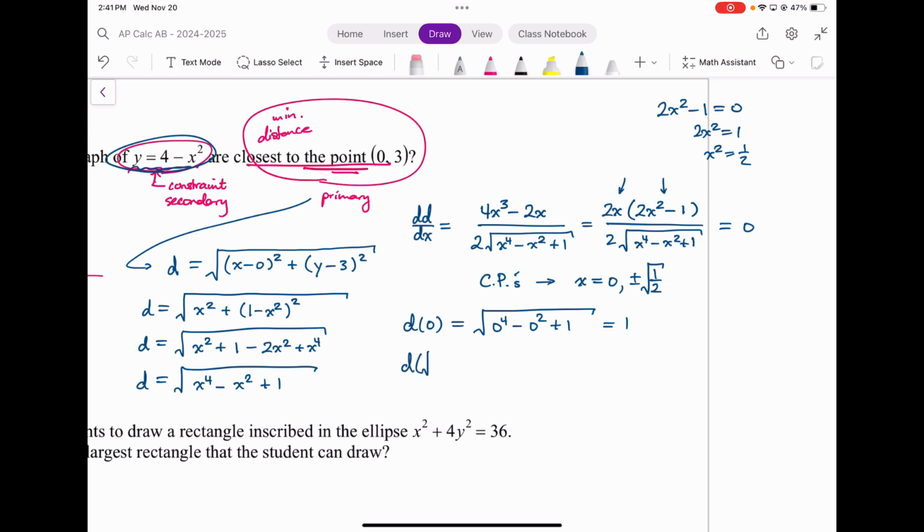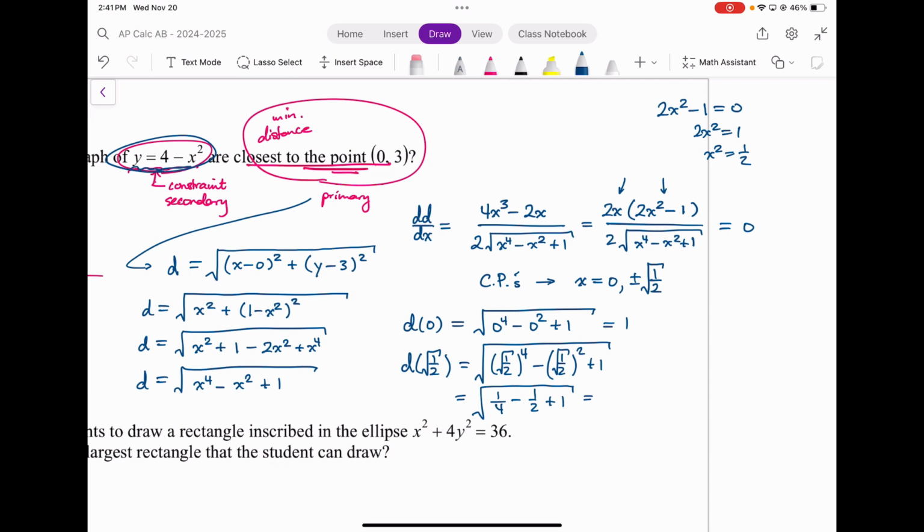D of square root of 1/2 is equal to the square root of (square root of 1/2) to the fourth minus (square root of 1/2) squared plus 1. This is going to be 1/4 minus 1/2 plus 1 inside my square root here.